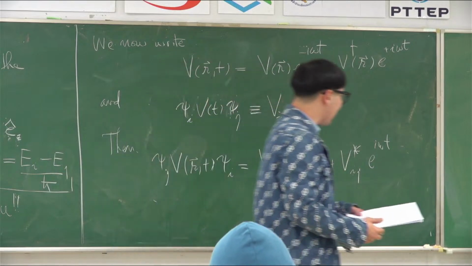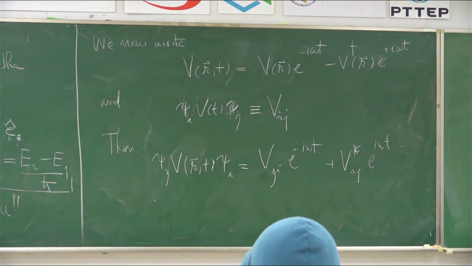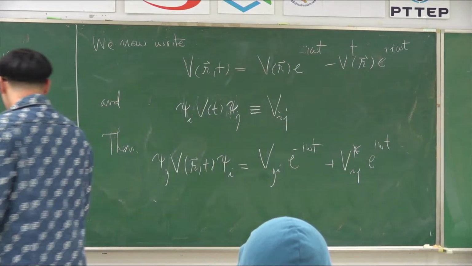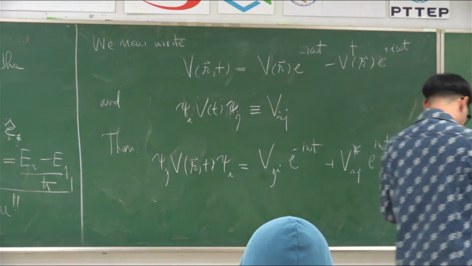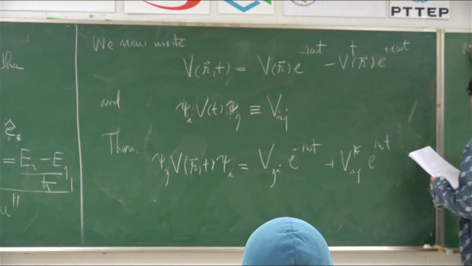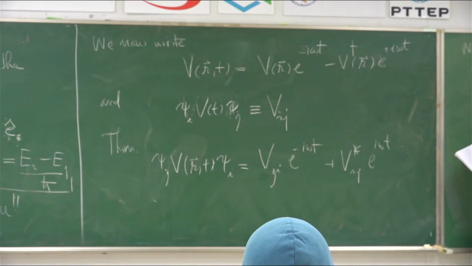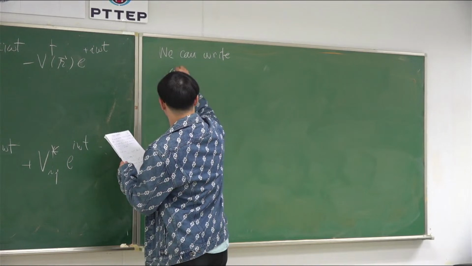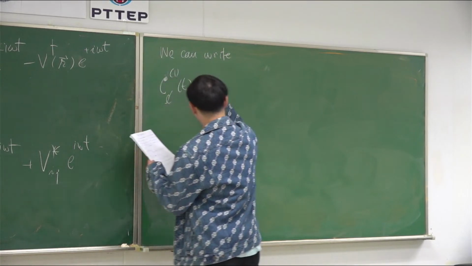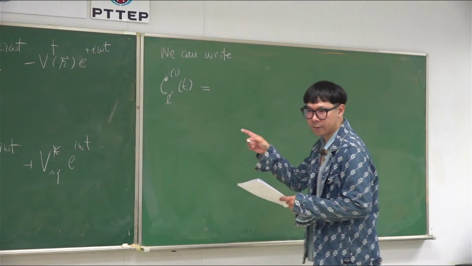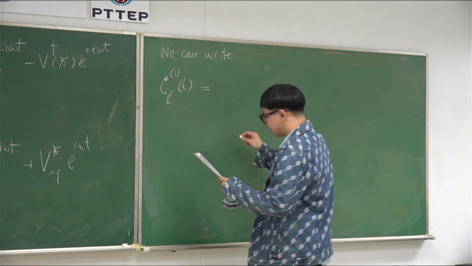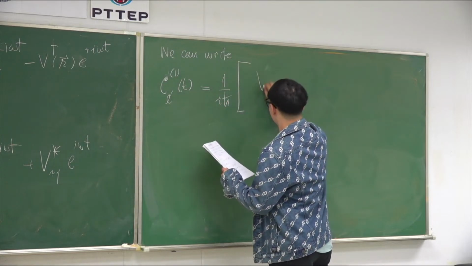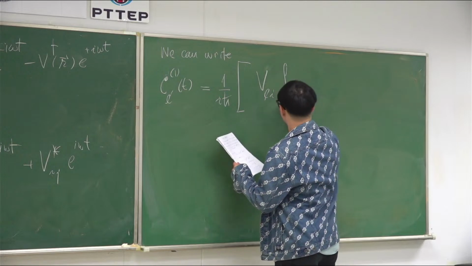So with this, you can think this is a perturbative term, right? Then you can write out the first order of the C. This one, which we learned how to derive from the previous class, right? So you could get, yes.